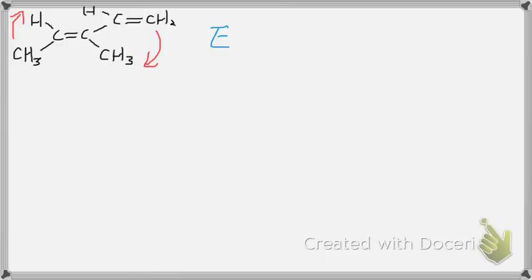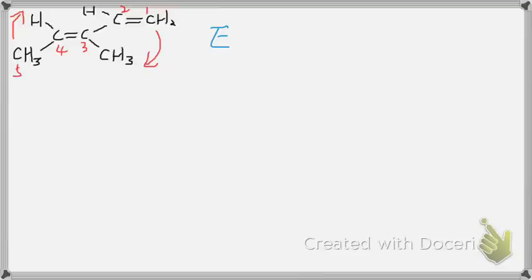Now let's see how to name this compound. This compound has 2 double bonds, so it's a diene. How do we number the carbon atoms? We want to give the double bonds the lowest possible numbers.